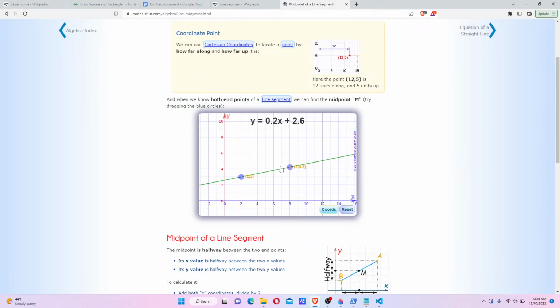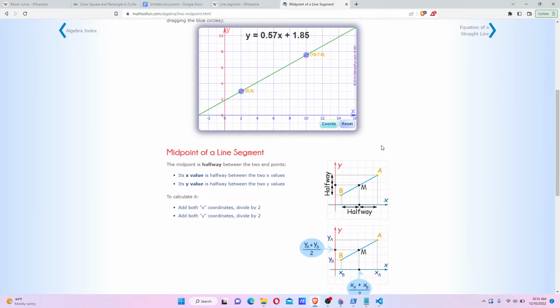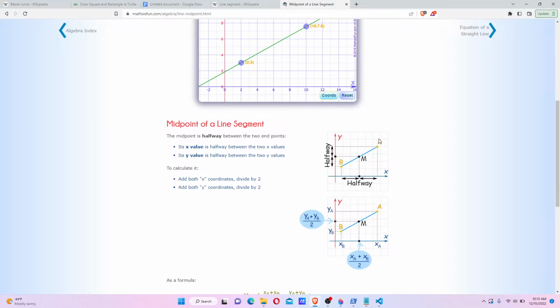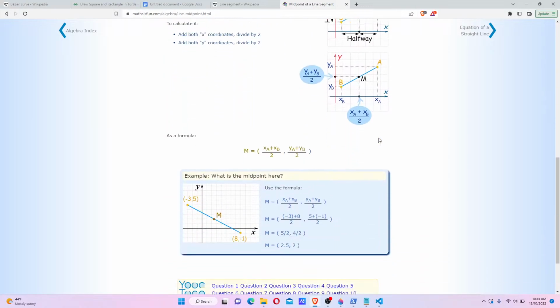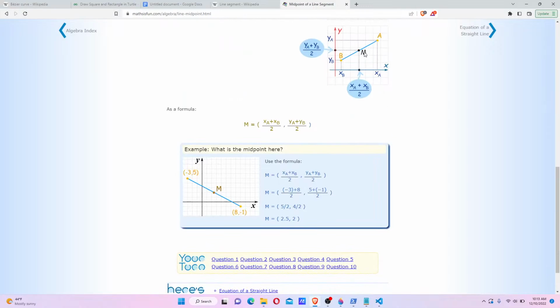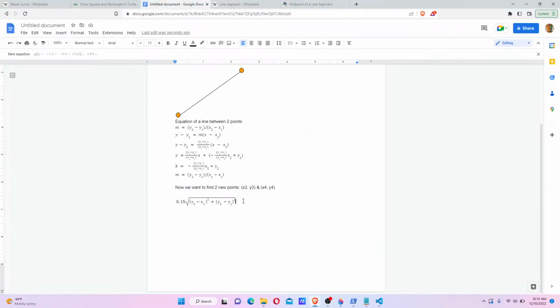If you know both ends, you can find the midpoint. Halfway between the two x values. Oh, is that it? Add the x coordinates divided by 2. Add the y coordinates divided by 2. Okay, well that's pretty easy.